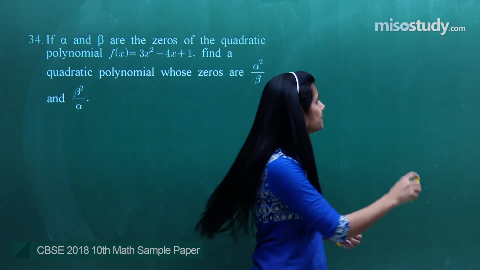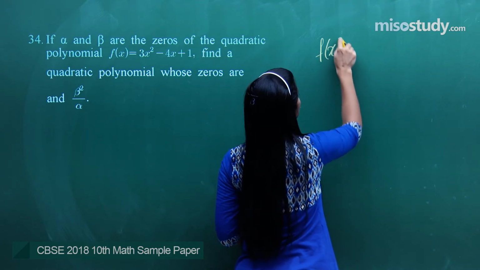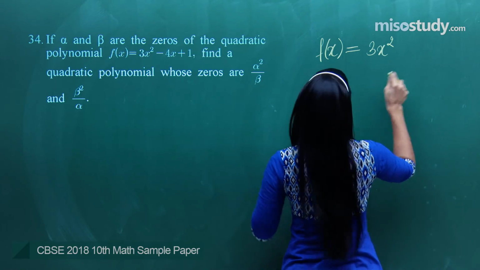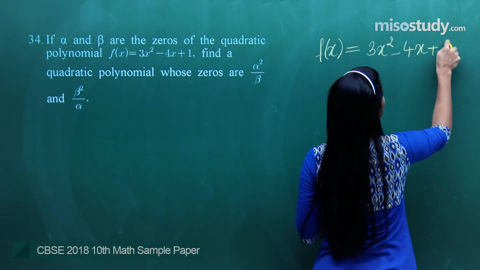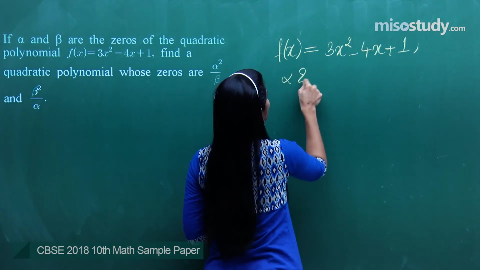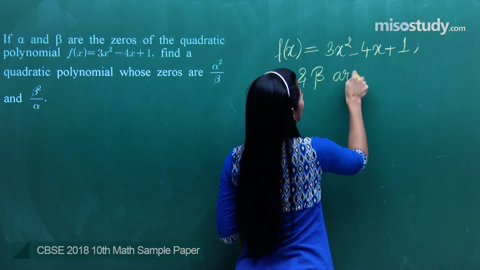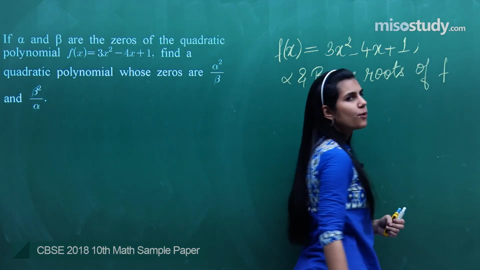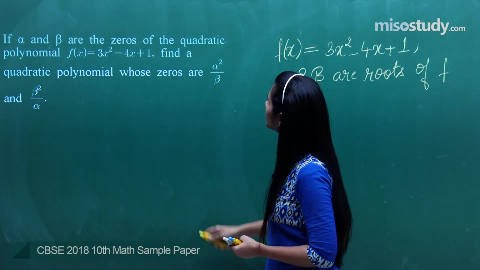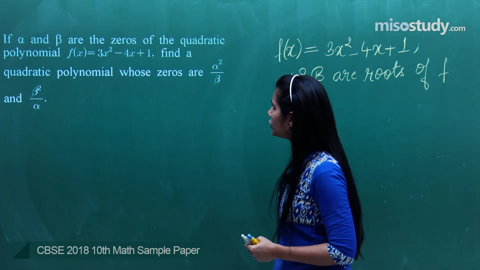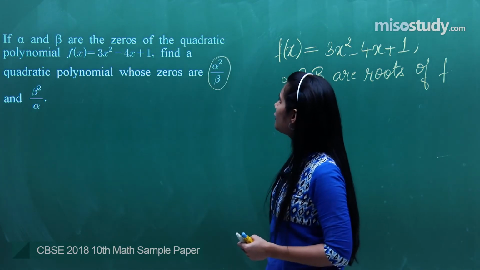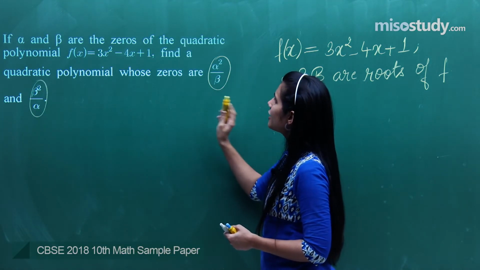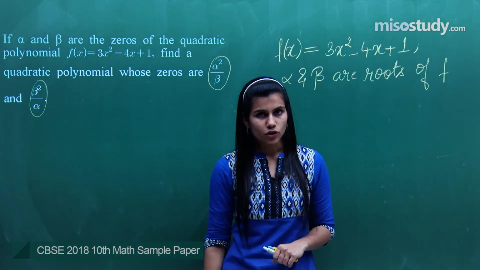So there is a quadratic polynomial, f(x) is equal to 3x square minus 4x plus 1, such that alpha and beta are roots of this polynomial f. Find a quadratic polynomial whose zeros are alpha square by beta and beta square by alpha, where alpha and beta are roots of this polynomial.